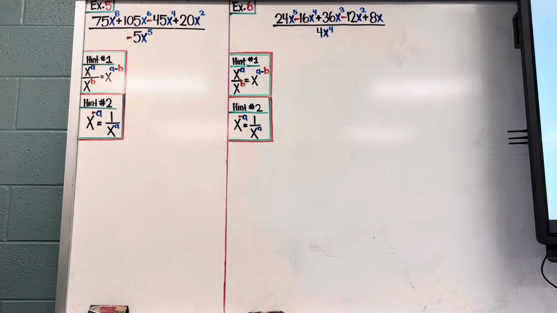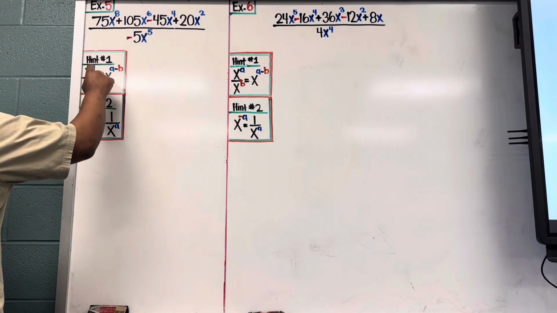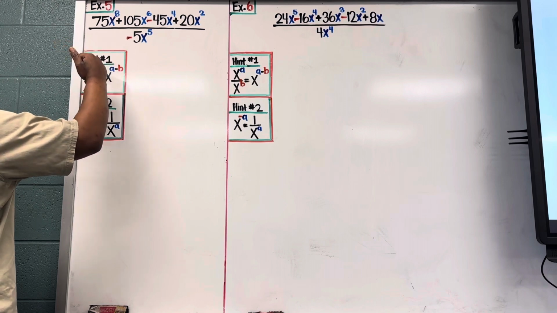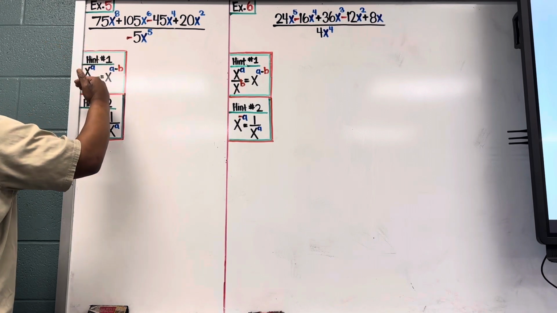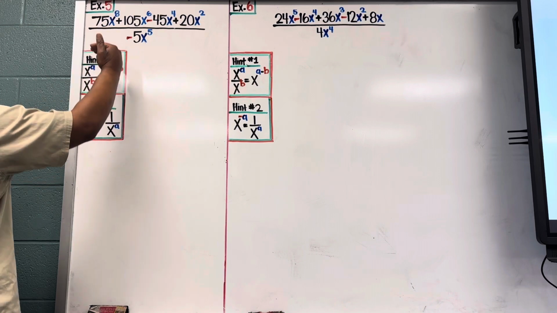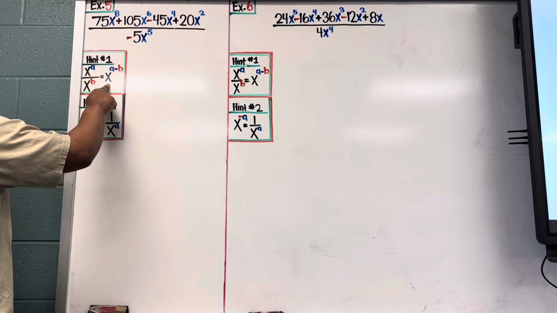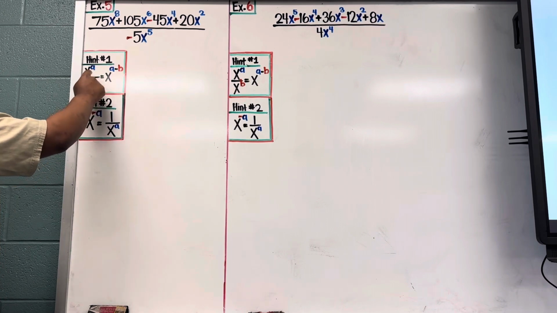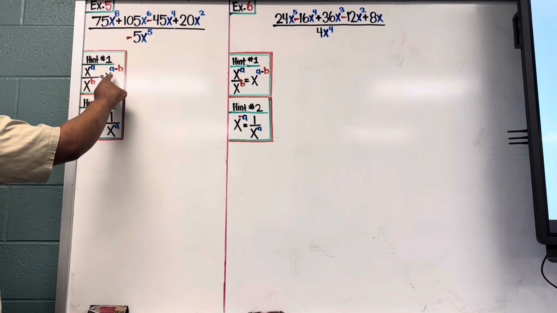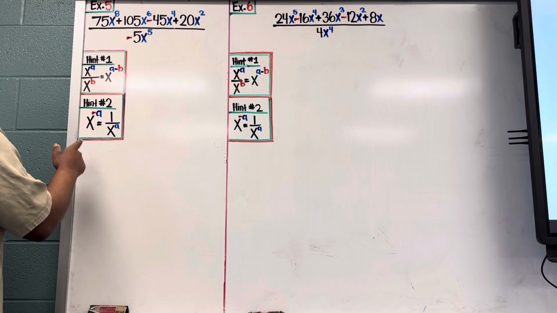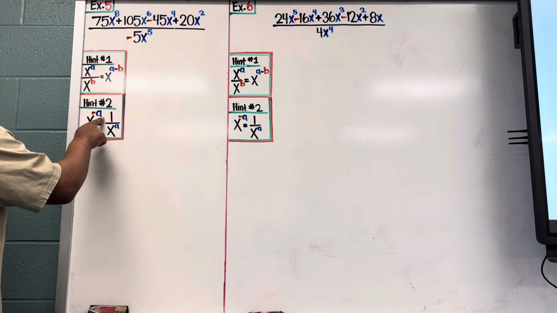And remember, guys, we have to follow these two rules. Whenever we're dividing two values that have the same variable but different exponents, we divide the values, keep the variable, but we have to subtract the exponents. In hint 2, I have x to the negative a power.